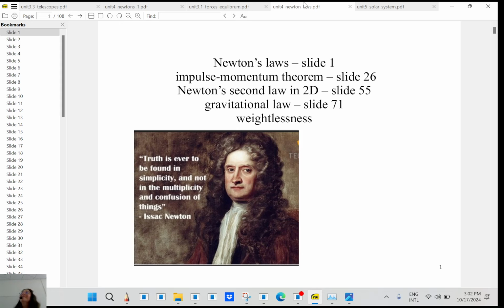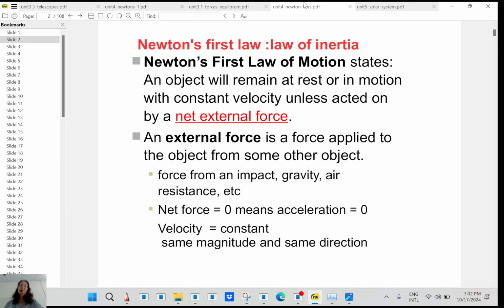So any question? Okay, so let's go to the second part, which is about Newton's laws. And it's much easier if you pay attention because it's mostly conceptual. Newton has three laws of motion: the first law, the second law, and the third law.